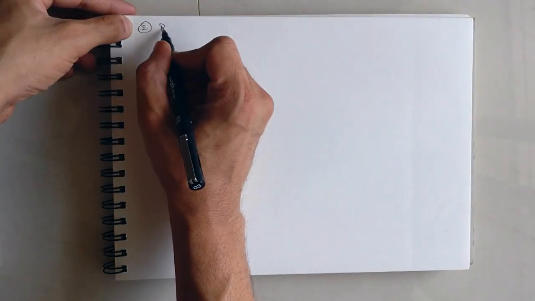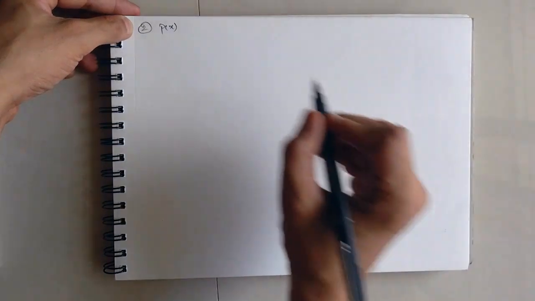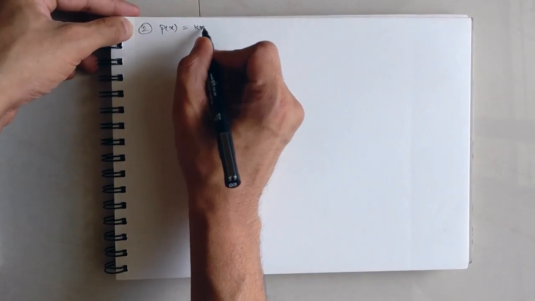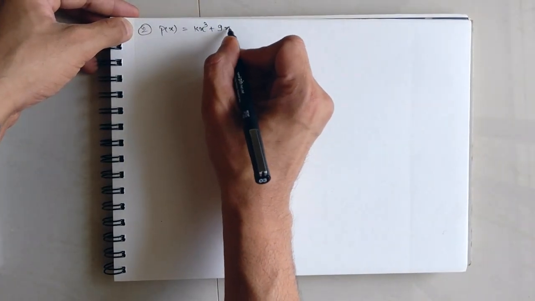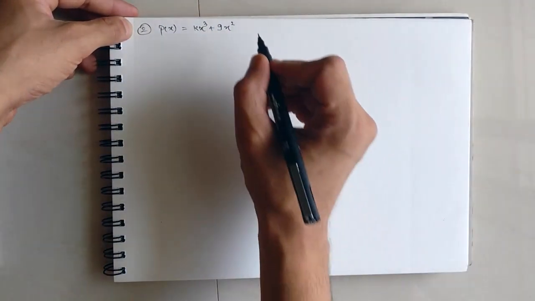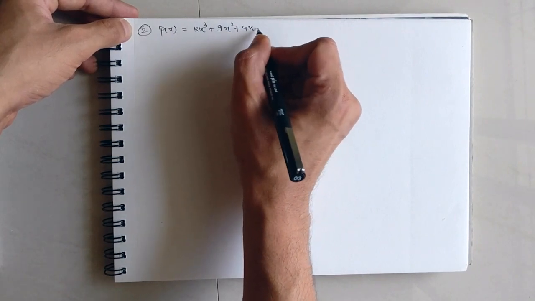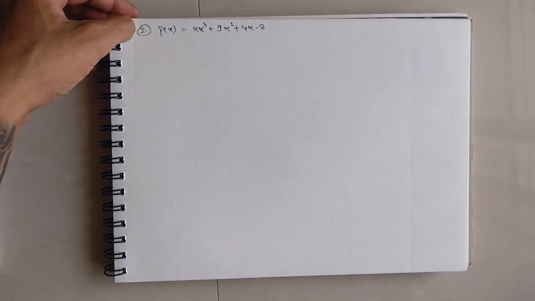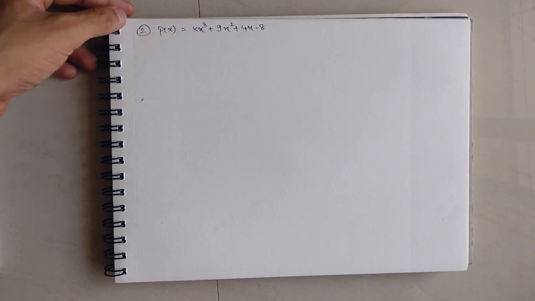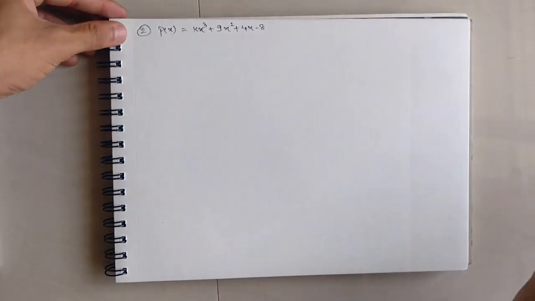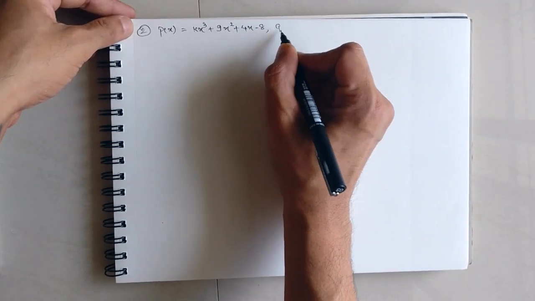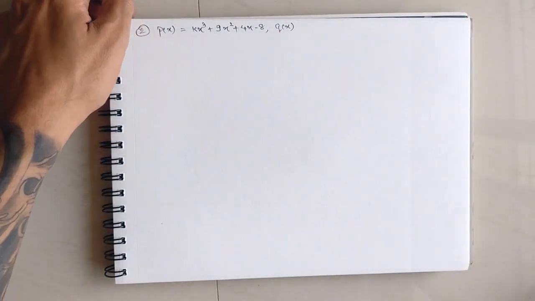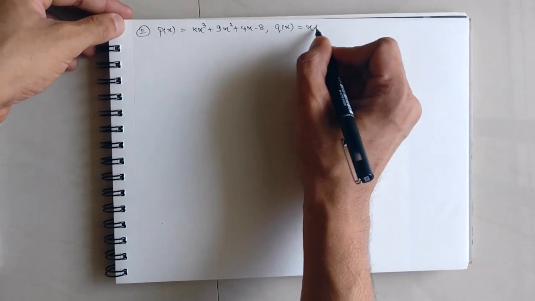Example number 2. The polynomial p of x is kx cube plus 9x square plus 4x minus 8, when divided by the polynomial q of x, which is equal to x plus 3.